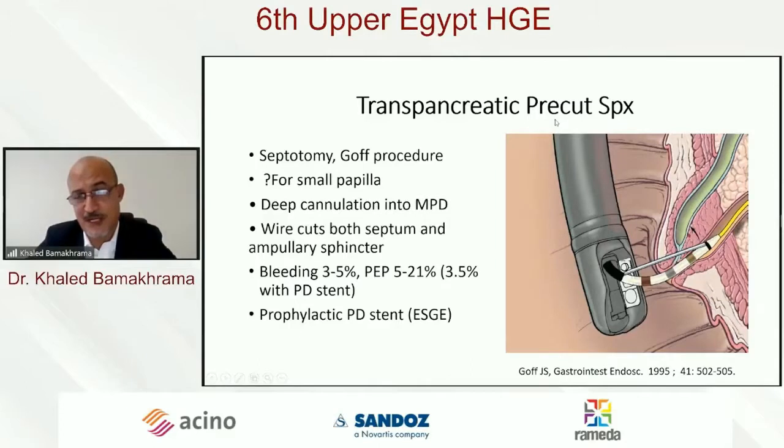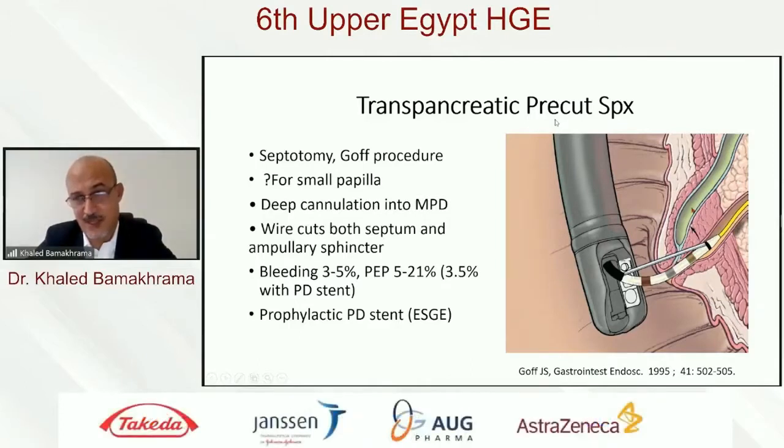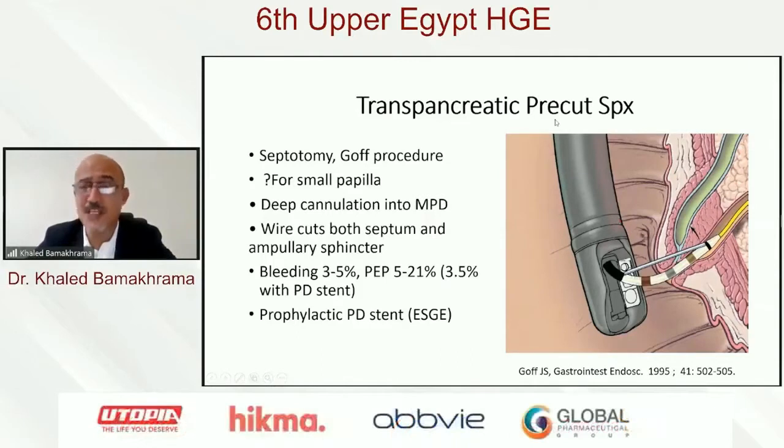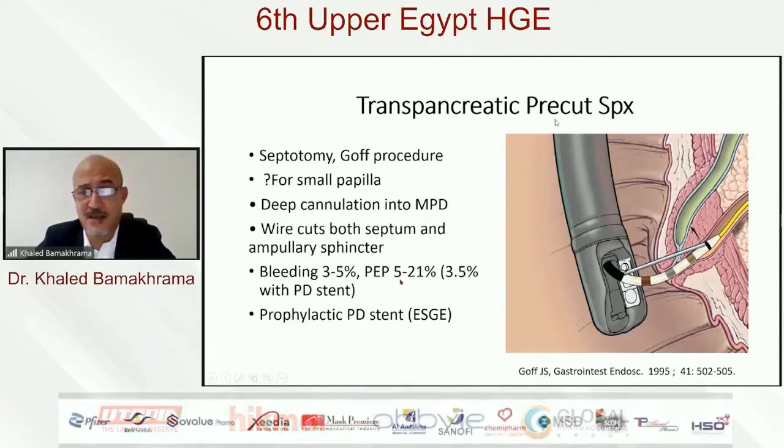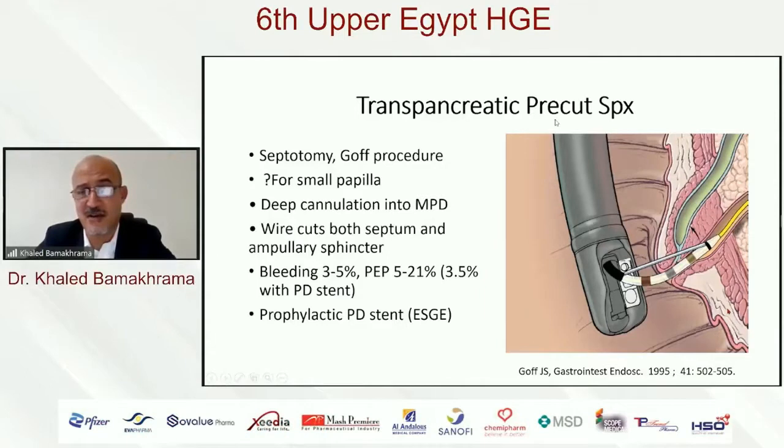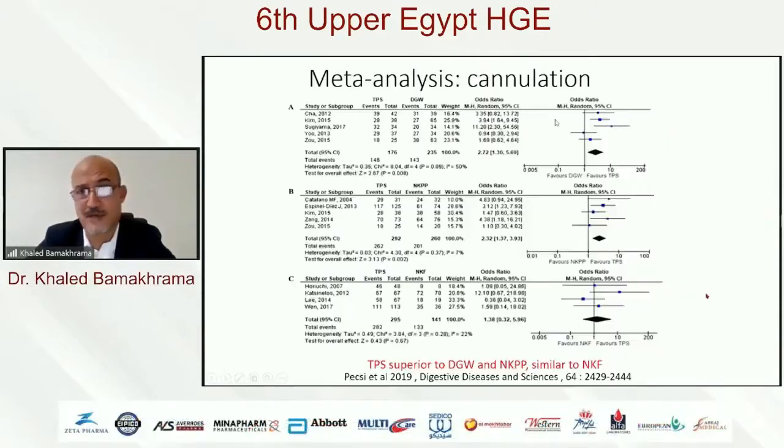You can cut the septum between the common bile duct and the pancreatic duct, and also cut the ampullary sphincter. This technique is very useful, especially if you have a small papilla. The only thing is that bleeding and pancreatitis are higher, and the ESGE recommends placing a prophylactic pancreatic duct stent whenever you do such a technique.